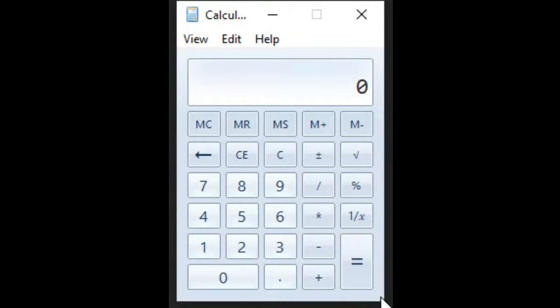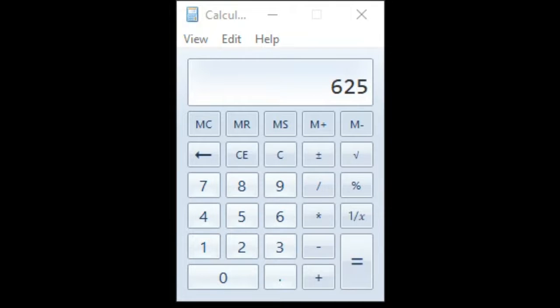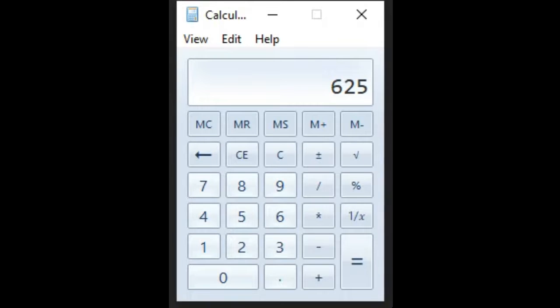Okay, thank you. All right, so the first thing I want to do is take the square root of 625. Here's the square root button. This should hopefully do it for us. Oh, I have to be on the calculator. Okay, the calculator button is square root.